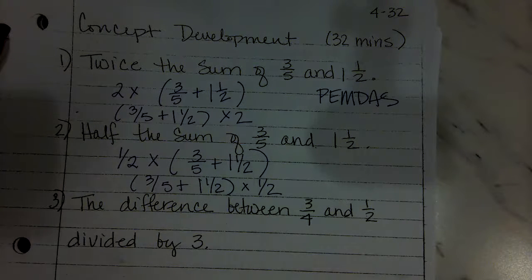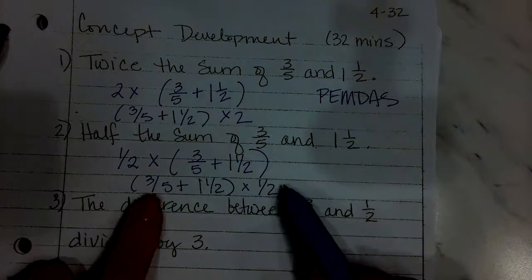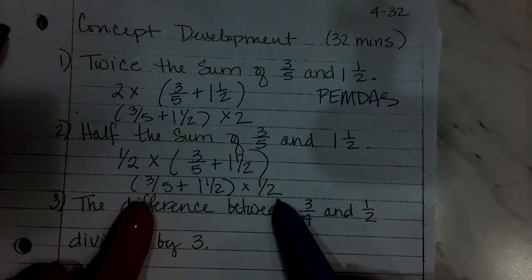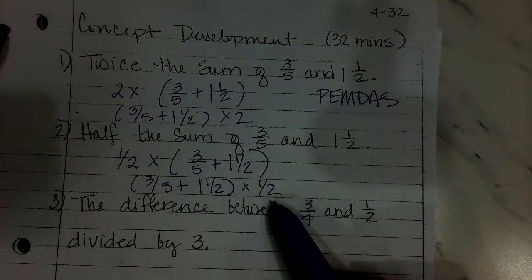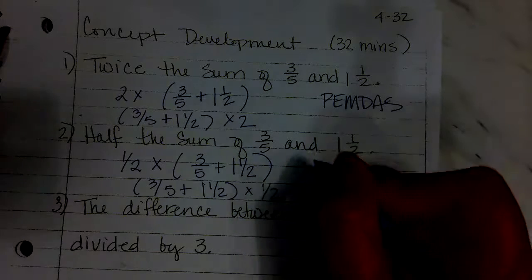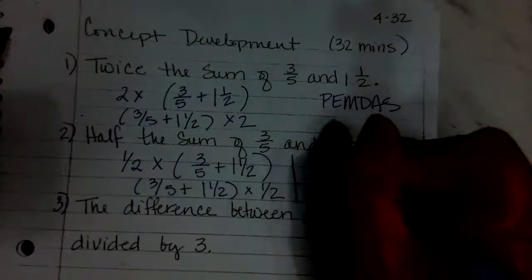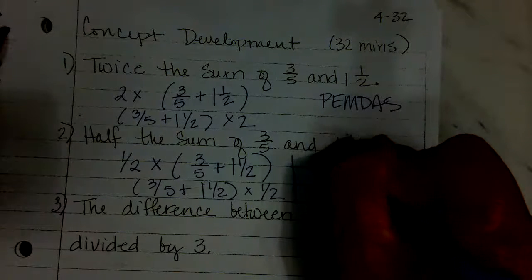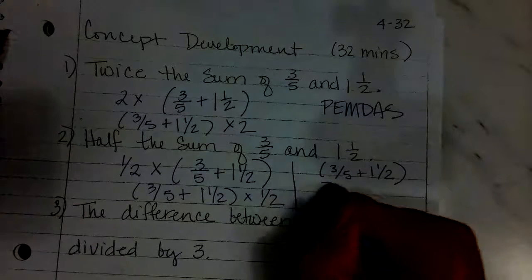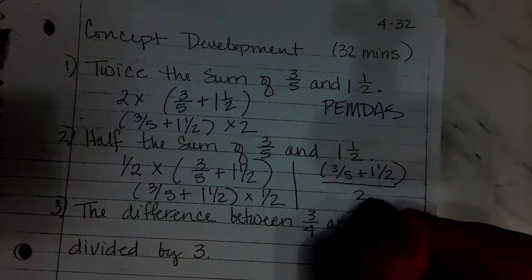So taking a half of something is the same as dividing it by 2. So we could divide the addition expression by 2, but write it like a fraction with 2 as the denominator. Technically, we could write it like this as well: 3/5 plus 1.5 over 2.